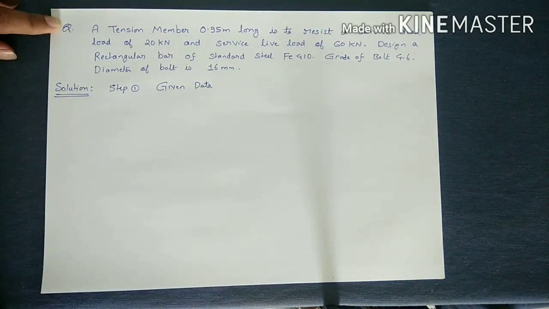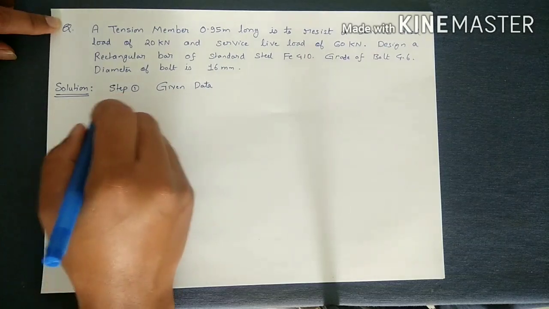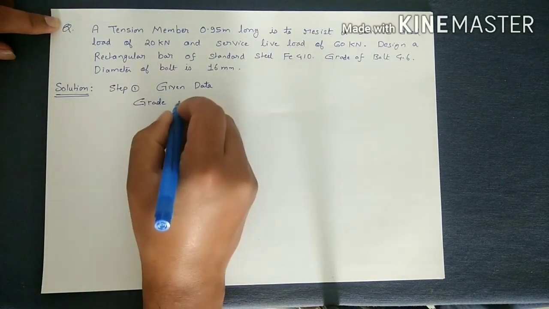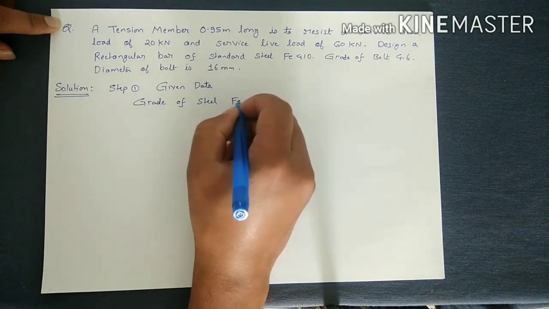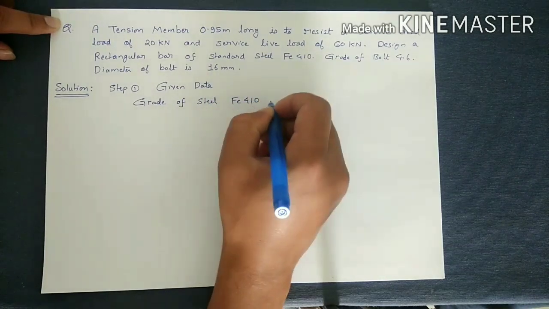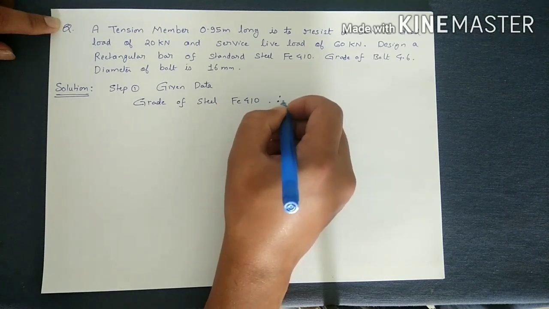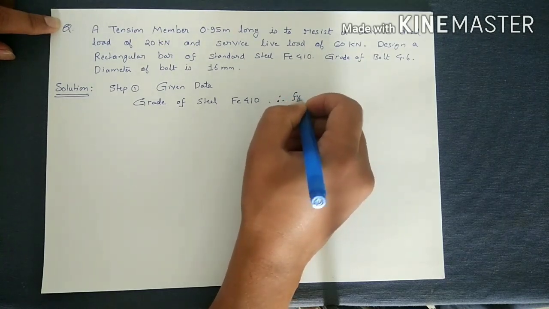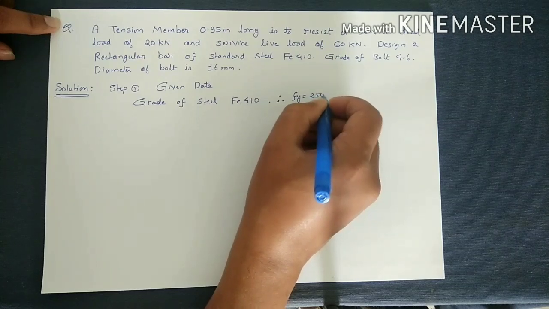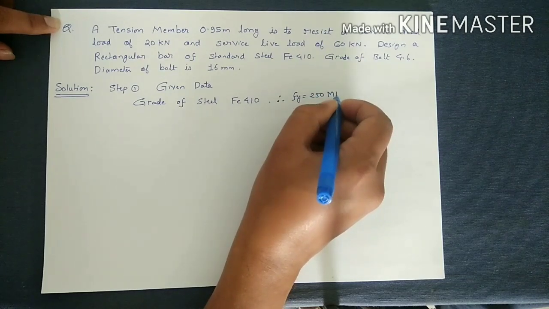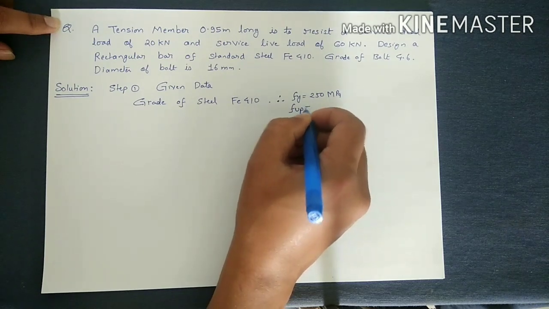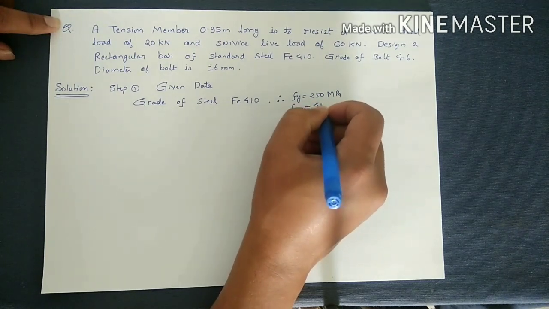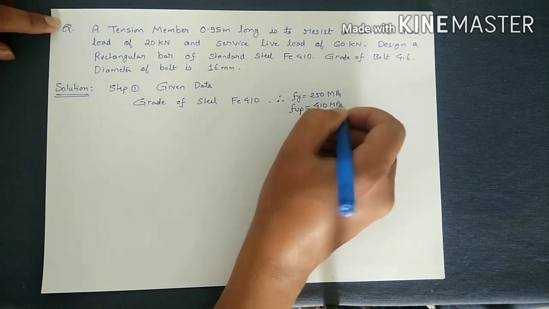So in the given data we can mention the various data that is given in the question, that is grade of steel, that is Fe410. Therefore Fy will be equal to 250 MPa and FUP will be equal to 410 MPa.